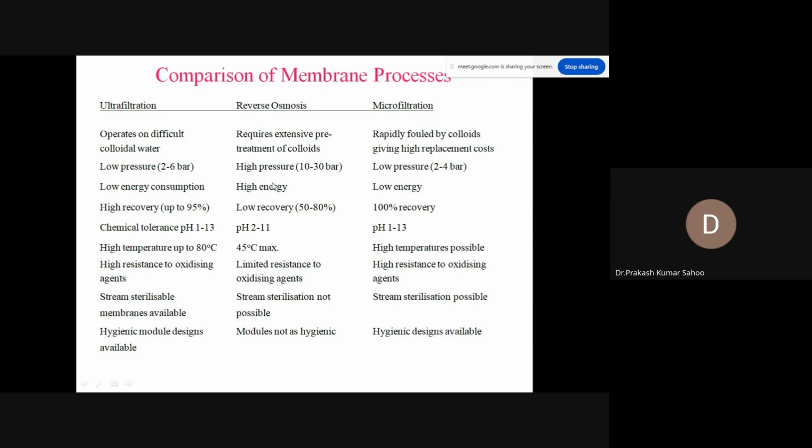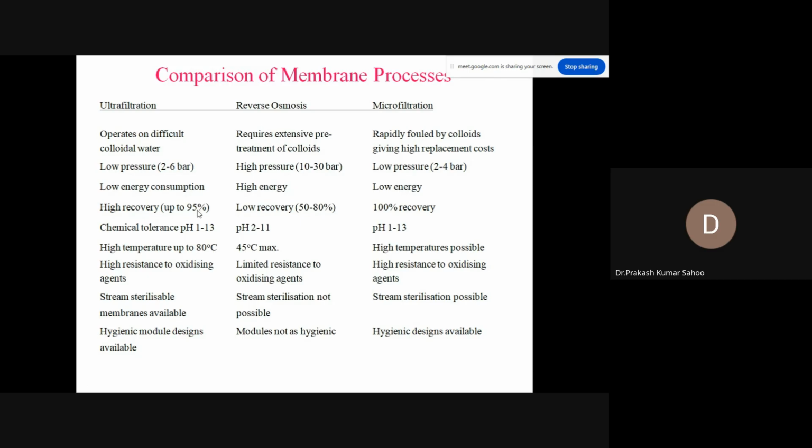Energy consumption is low for ultrafiltration, high for reverse osmosis, and low for microfiltration. Ultrafiltration has high recovery up to 95%, reverse osmosis has a recovery of 50 to 80%, and microfiltration generally has 100% recovery.